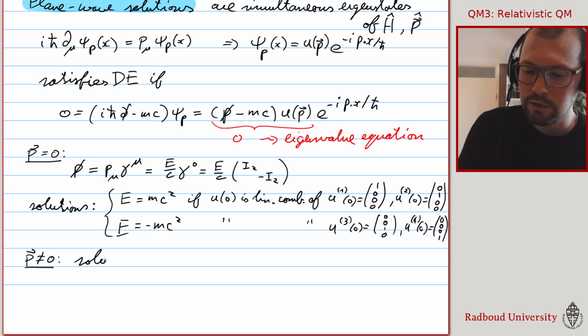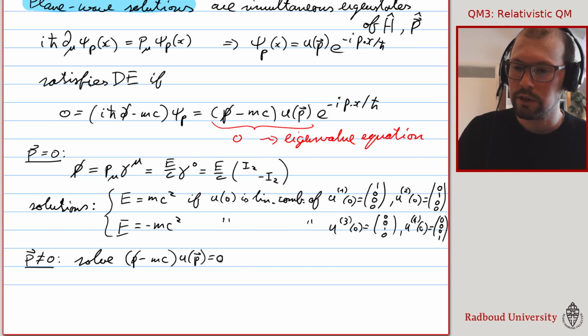So we want to solve now (p-slash minus mc) equals 0.